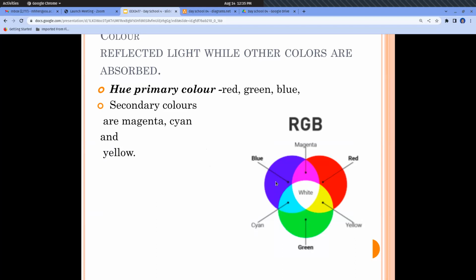Primary colors on paper are red, yellow, blue. On a computer screen, primary colors are red, green, blue. In between, when you combine red and blue, it becomes magenta. These are called secondary colors. Blue and green, cyan. Red and green, it becomes yellow. These are called secondary.